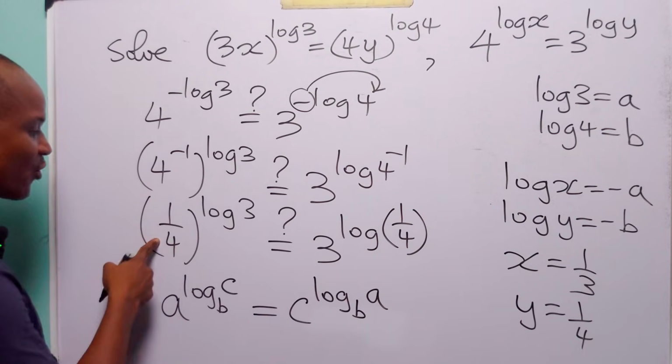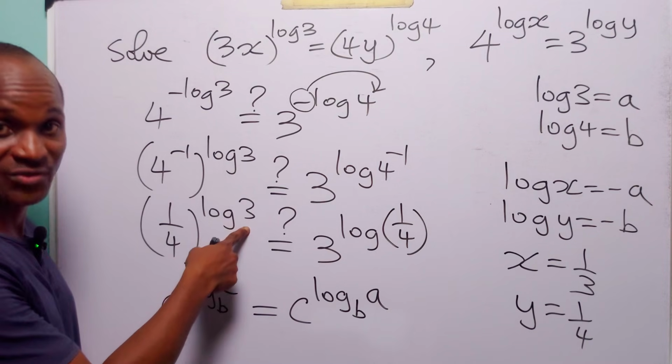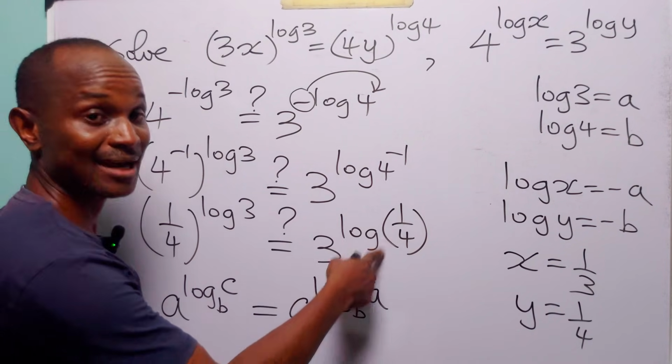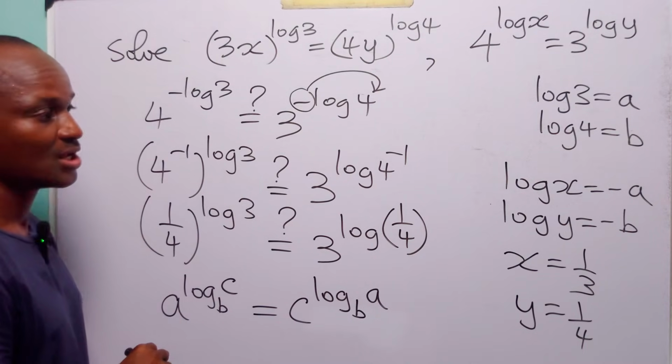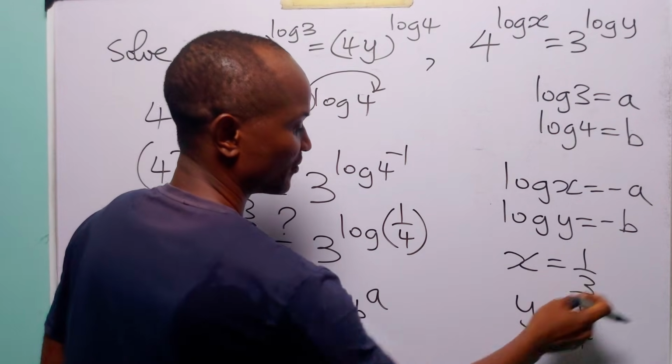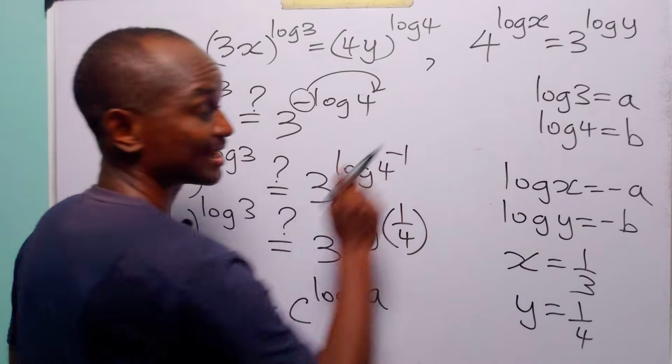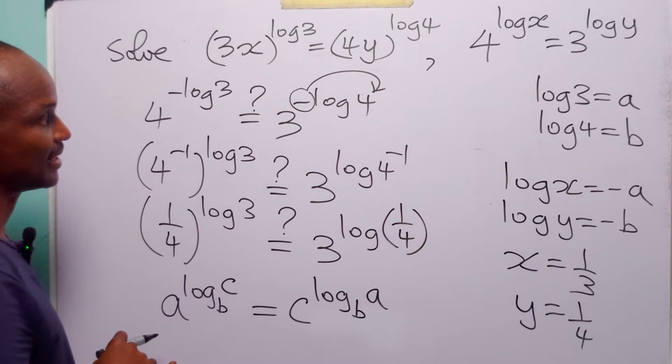So 1 over 4 to the power log to base 10 of 3 is equal to 3 to the power log to base 10 of 1 over 4. So when x is equal to 1 over 3 and y is equal to 1 over 4, the left hand side is equal to the right hand side.